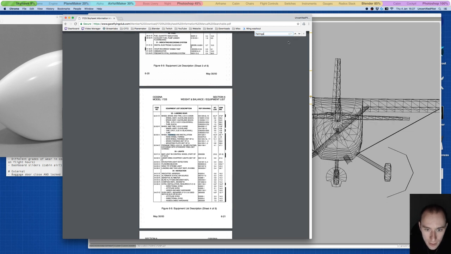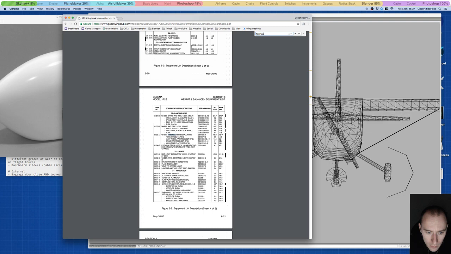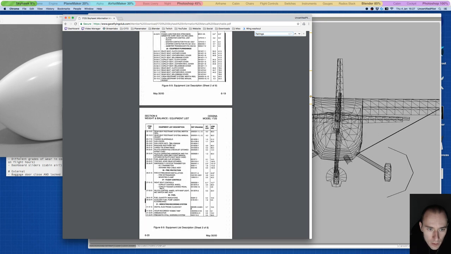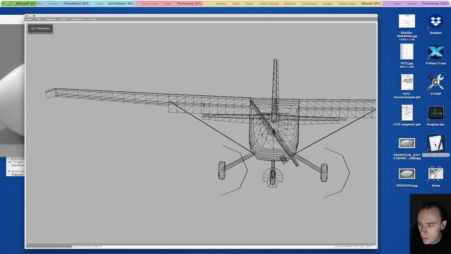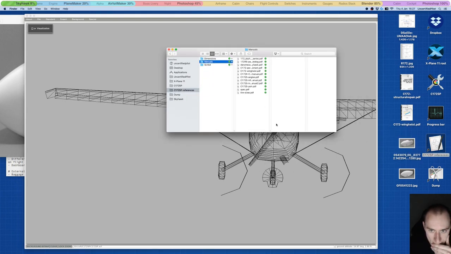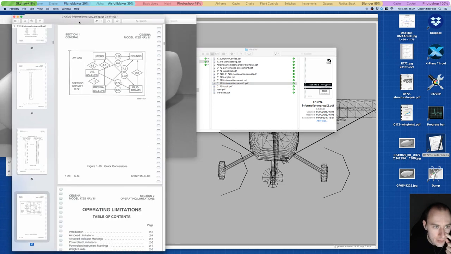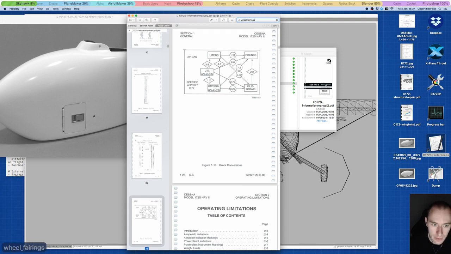Wheel fairings installation. Arm, weight, nose wheel fair. We have the information menu ourselves as well. Information manual 2, I don't mind. Wheel fairings.